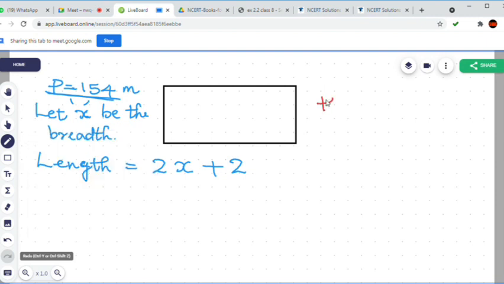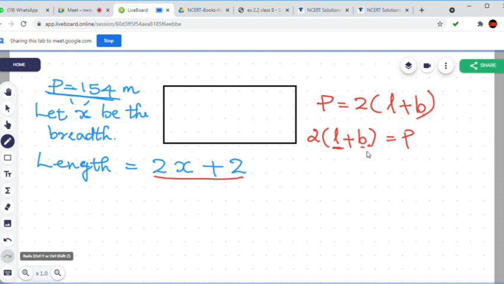Okay, P is equal to 2 into L plus B. Perimeter is equal to 2 into L plus B, or otherwise we can write 2 into L plus B is equal to perimeter, that's okay, because here we have the perimeter 154 as a constant. So now from here, in place of length what will we write? 2x plus 2. In place of breadth what should we write? x. All of you clear? In place of length we write 2x plus 2 and for breadth x in our equation. In place of P we give 154.